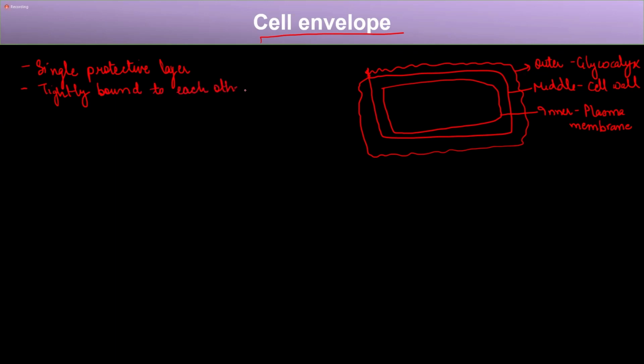And third, although it consists of three different components made up of different kinds of chemicals, which you will study in a later slide, the cell envelope is characterized as a chemically complex structure, because its three layers are made up of different types of chemicals.